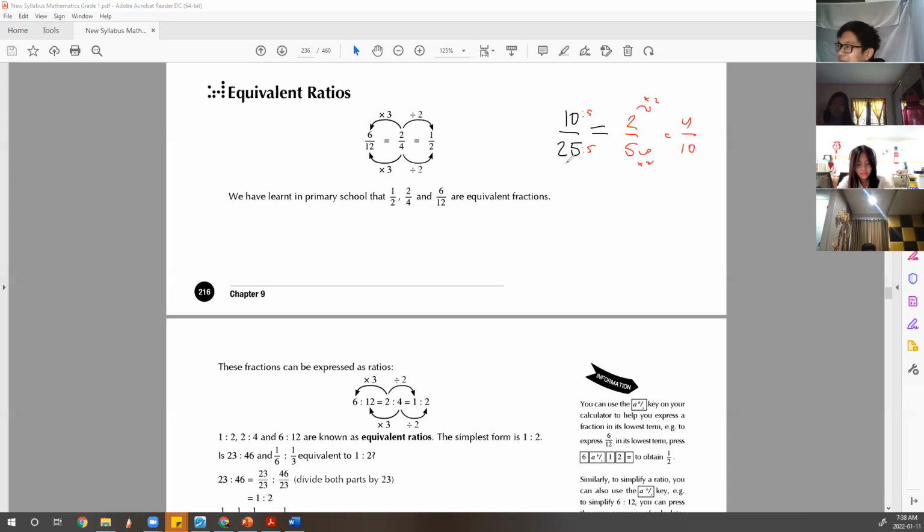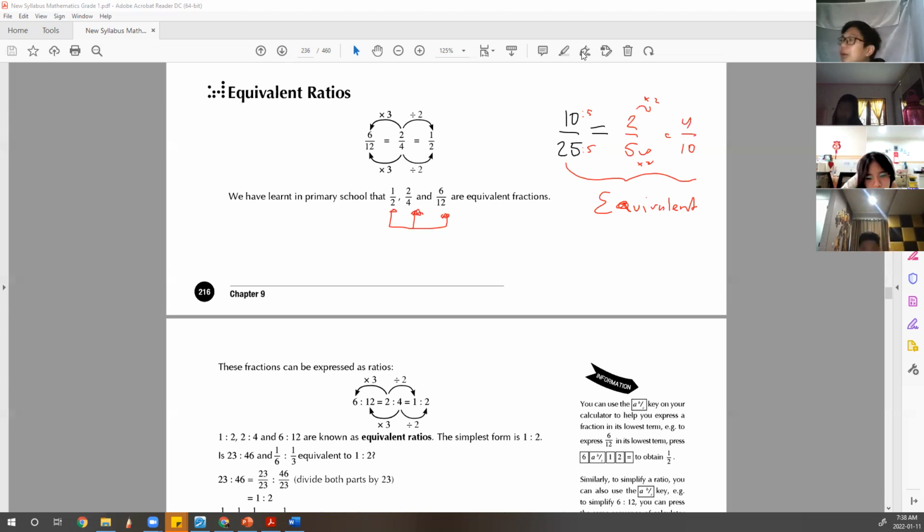These are called equivalent. They share the same value. Equivalent means the same. Same value means it has to be equal in value, but the difference is only in the complexity of the number itself.